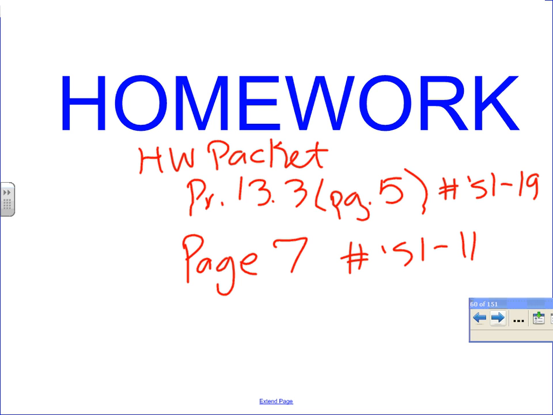Now, page 7, listen carefully. You guys need to determine whether it's a P or a C and then answer it. 13.3 relates more to just combination, so this is going to be easier than this. So 13.3 is page 5 in your homework packet. Page 7 is a worksheet I got from algebra. Well, actually, they're both from algebra. So on page 7, you're going to do 1 through 11.